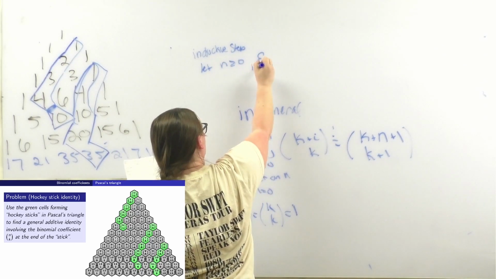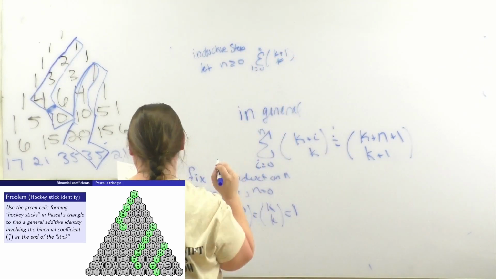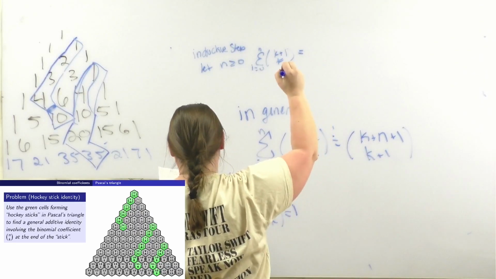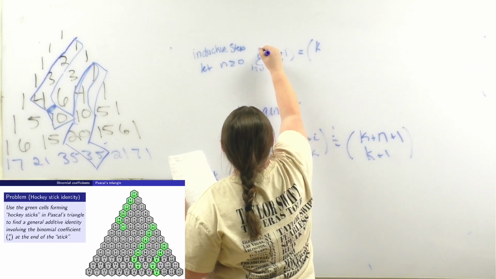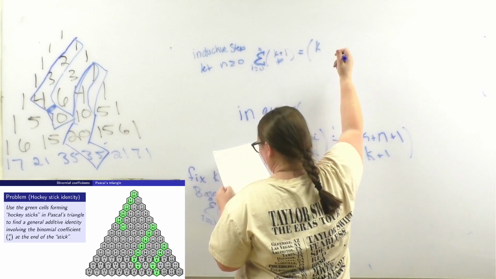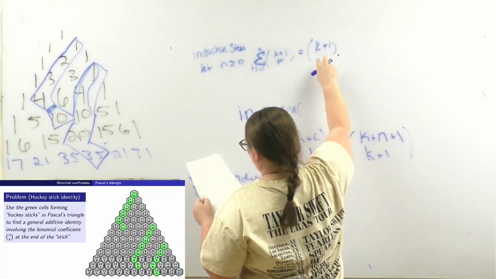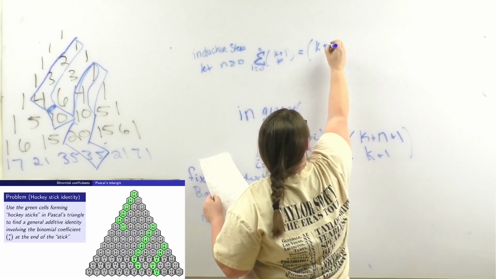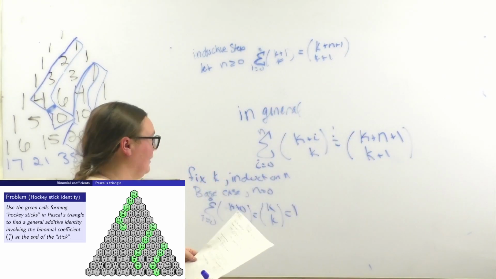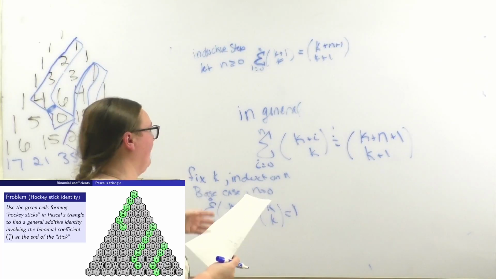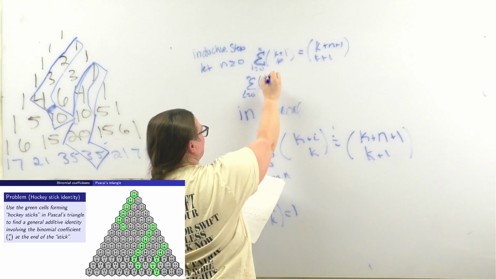Then we get the sum from i equals 0 to n of (k plus i choose k) equals... Here's my sigma.